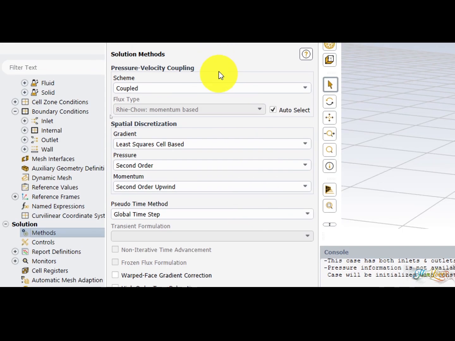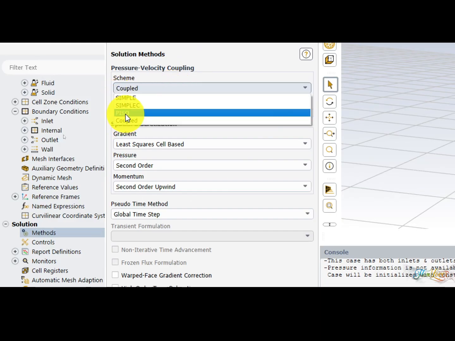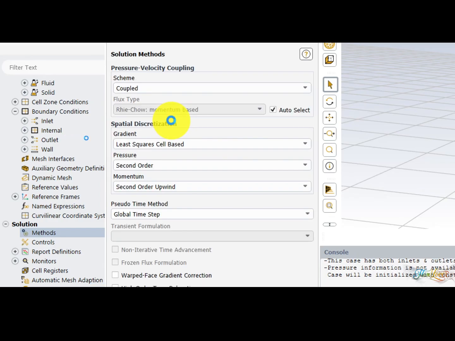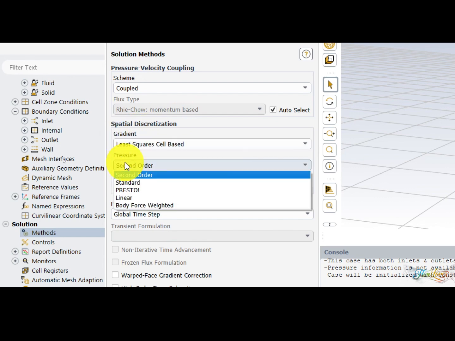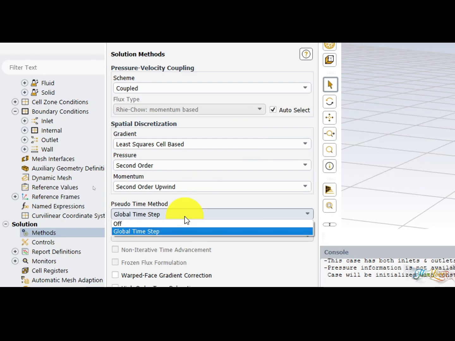In the method parts, basically we can see the different schemes that we discussed before, like the SIMPLE, SIMPLEC, the PISO and the coupled one. The coupled means that it's coupled between the SIMPLE and the PISO. We can also specify the different numerical scheme for pressure, for momentum, and we always leave them on the default only if we want to have a very specific one.